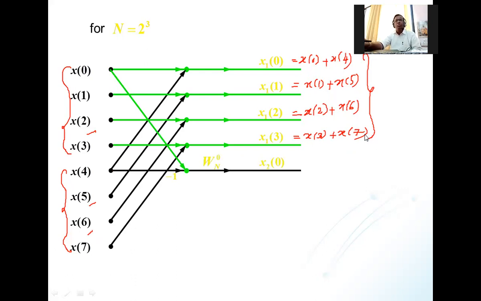When you move to the second part, the value x2 of 0 will be equal to x of 0 minus x of 4, multiplied with the value wn to the power 0.